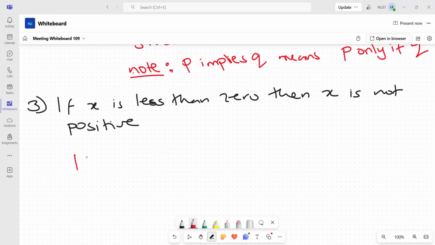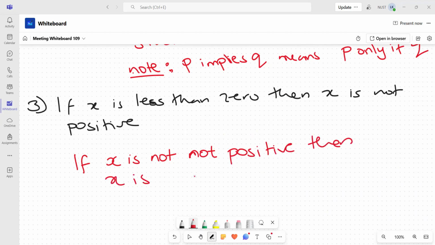We say if X is not positive. Okay, so I'm just going to write it like that, and then just to demonstrate my thinking process, not positive, then X is not less than 0. Okay, so this is how you should think about it.